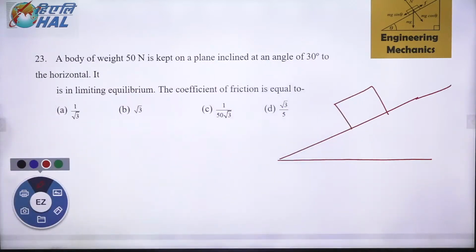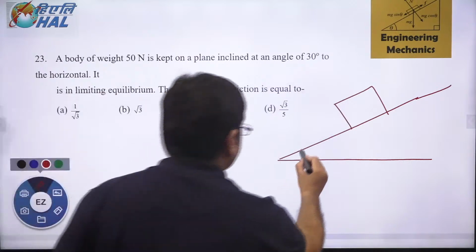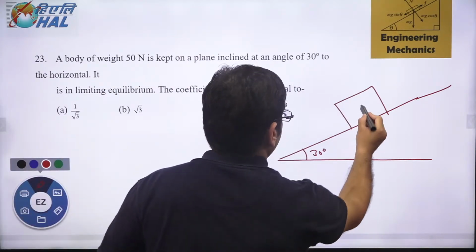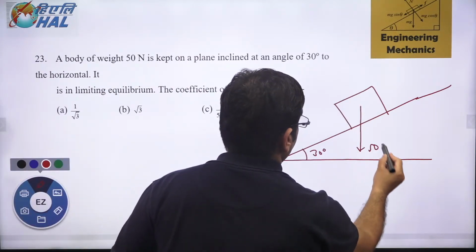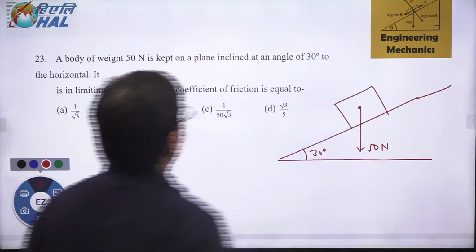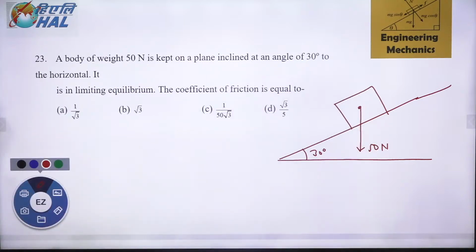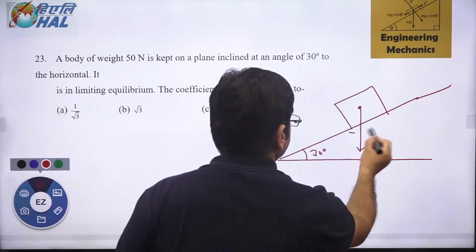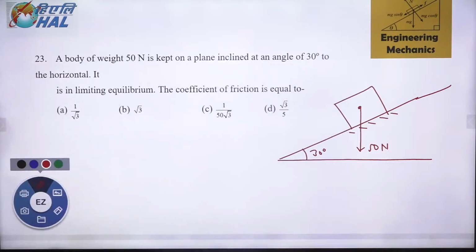There is a body of weight 50 Newton and we have kept it at 30 degree. So this is the 50 Newton body and it is kept at 30 degree to the horizontal. So what will be the coefficient of friction? Yes, tell me what will be the coefficient of friction. Solve it fast now.